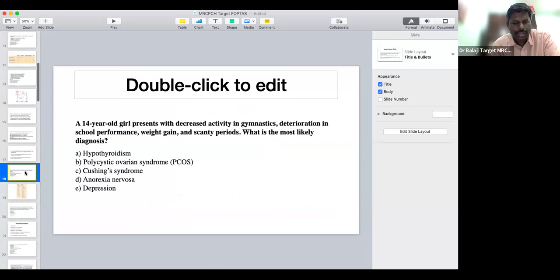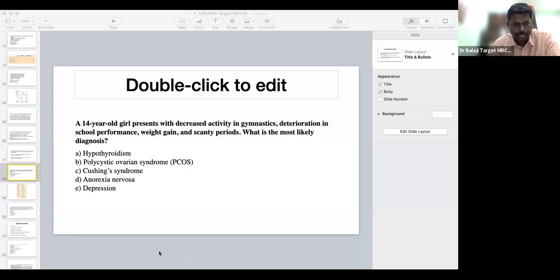Now, very commonly they ask you: a 14-year-old girl presents with decreased activity in gymnastics, deterioration in school performance, weight gain, and scanty periods. What is the most likely diagnosis? You can say, doctor.